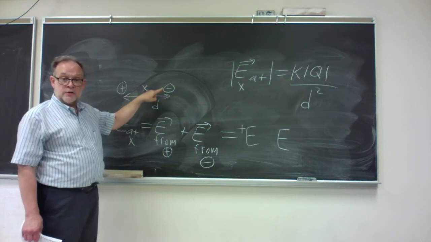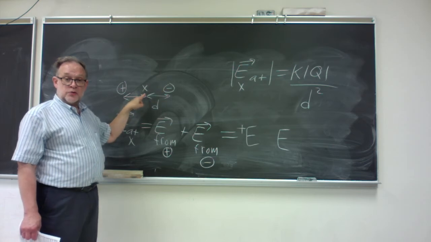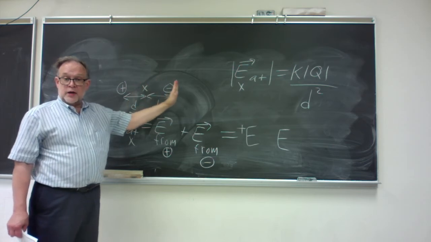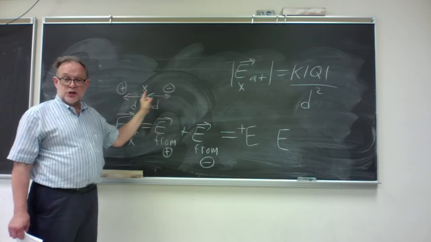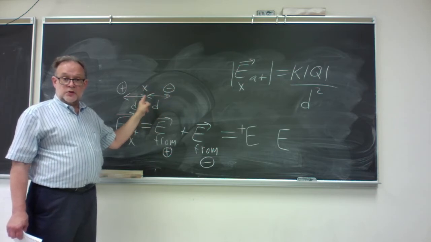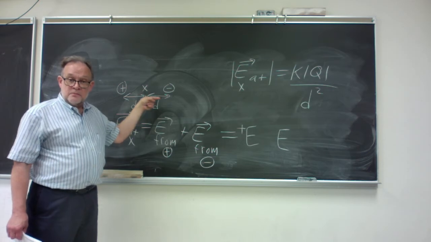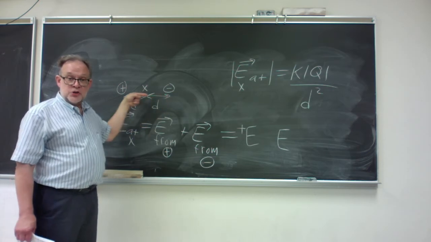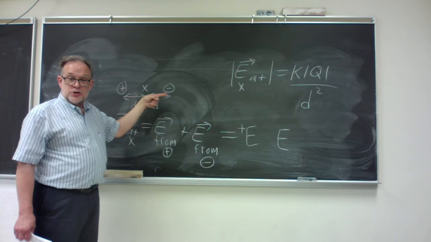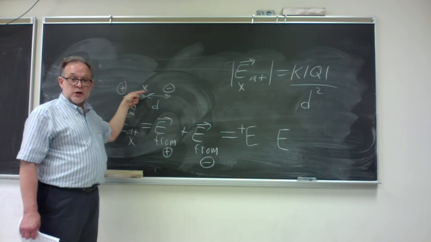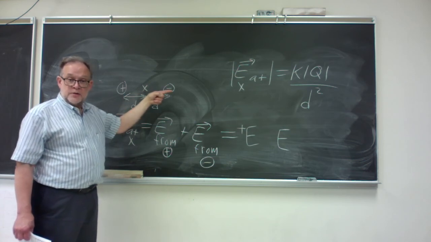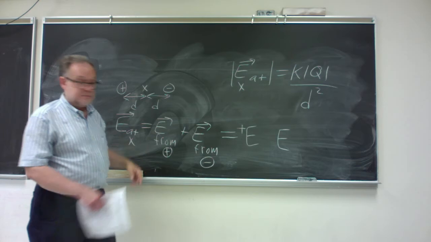It feels an attraction from this. It feels a force pulling it to the right. Positive charge is attracted to this negative charge, so it feels a force in the positive direction. So that's the direction of the force on a positive charge, force coming from this thing. So that's the direction of field at this point, caused by this thing.